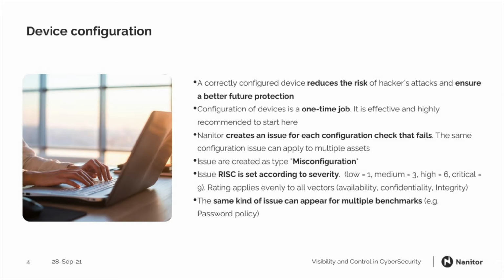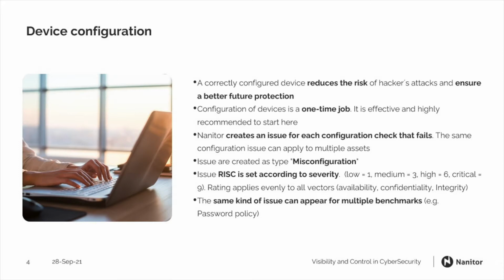Nanitor creates an issue for each configuration check that fails. We will talk a lot about the benchmarks, and benchmarks have a lot of configuration checks, and each time that Nanitor is detecting a check that fails, it will raise an issue for that.